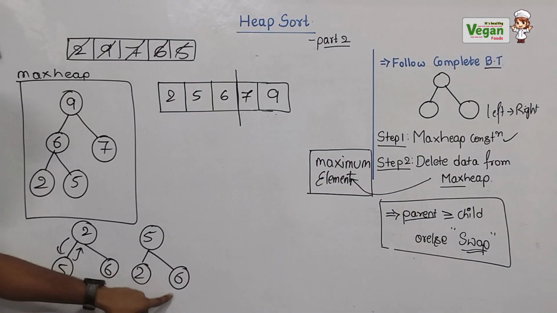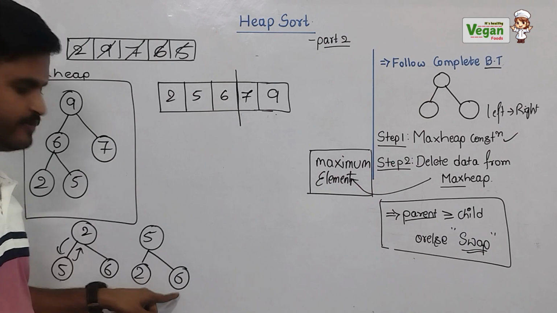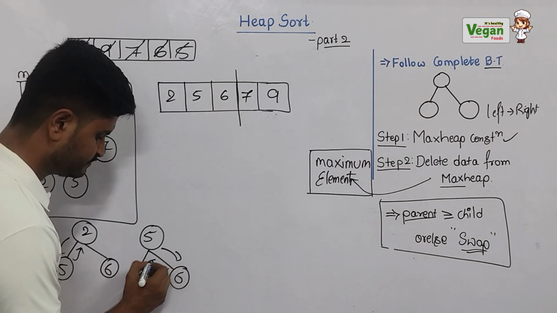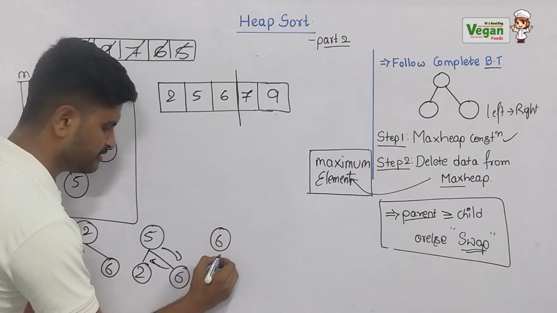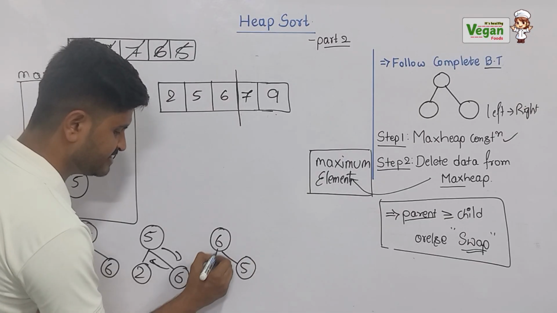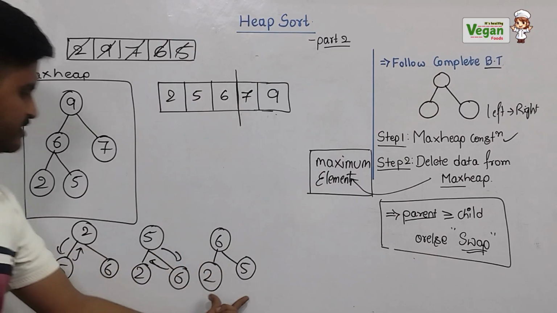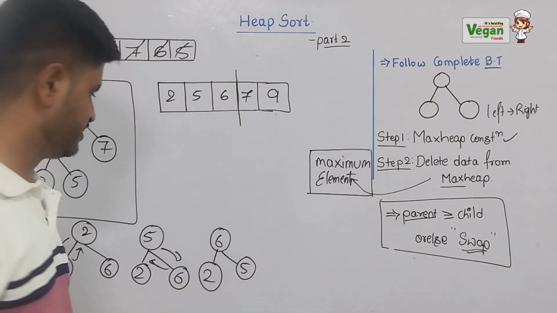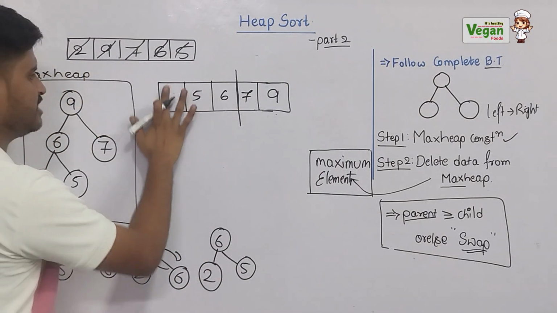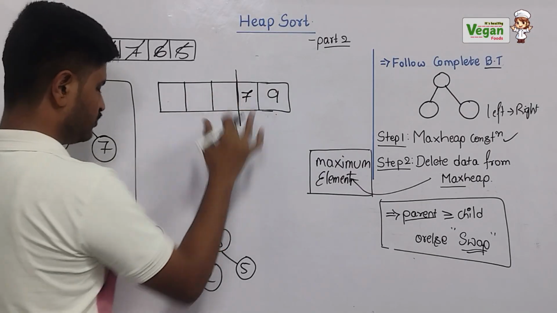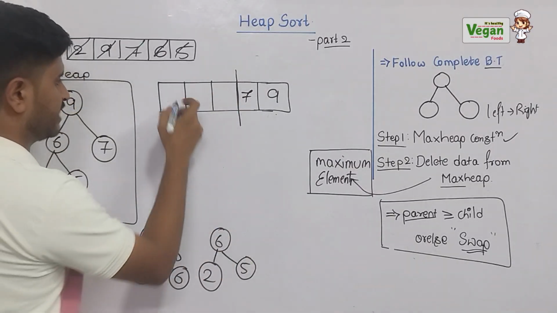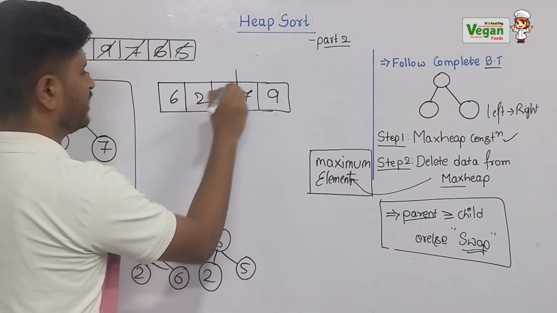If you see again, the parent value is less than the child value. Again swap. If you swap, 6 will be here, 5 will be the right child and 2 will be the left child. Now the parent value is greater than or equal to the child value. Again update this one in the queue, level by level, left to right: 6, 2, 5.